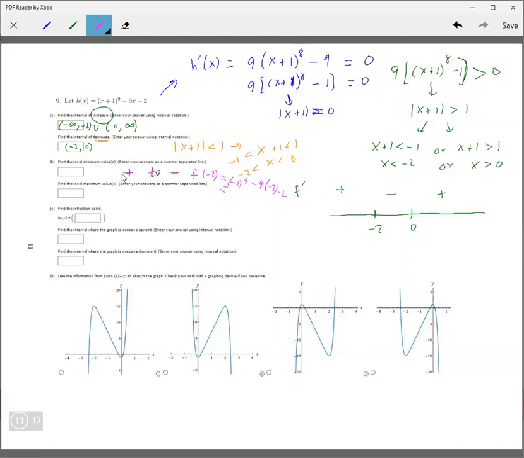I'm just rushing it and I got mixed up. So this is actually the maximum, going from positive to negative. And so that's going to be where the maximum is. The value is going to be the value at -2, which, plugging all that in, you get 15. Okay, so that's going to be 15.